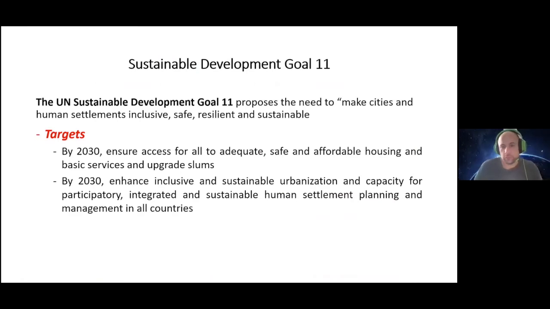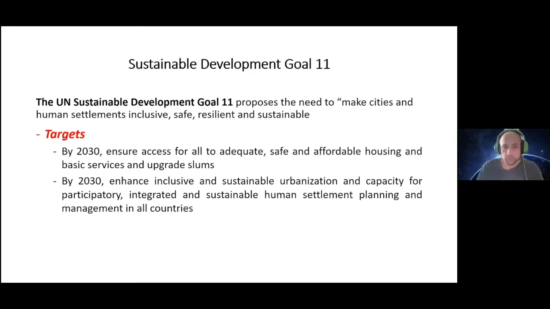So when we talk about sustainability and what we can do to support this phenomenon and improve the well-being of urban residents, most people think about the UN Sustainable Development Goals, and particularly when we're talking about cities and the well-being of urban residents, Goal 11, which proposes the need to make cities and human settlements inclusive, safe, resilient, and sustainable, which also has concrete targets.